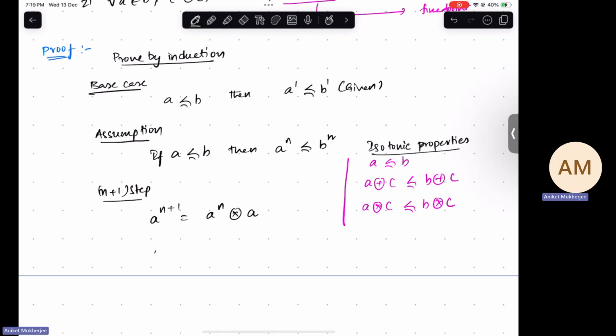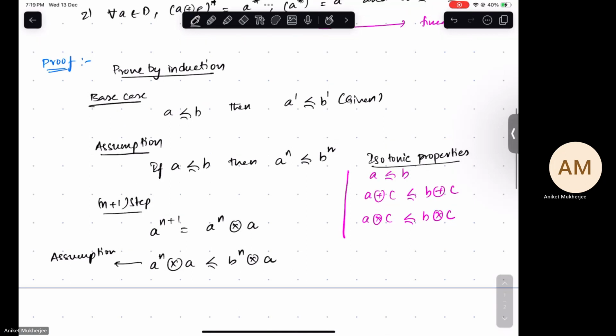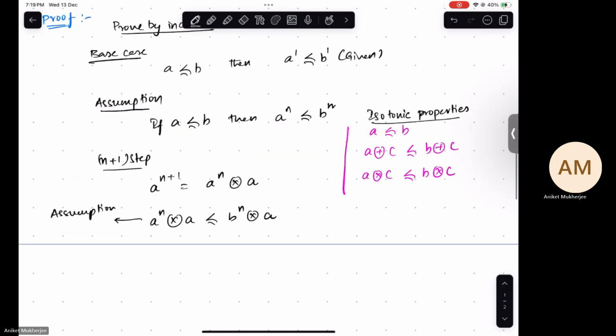So from the same, A^n into A is less than or equal to B^n into A. Okay, this is from the assumption and the isotone property of the dioid order.